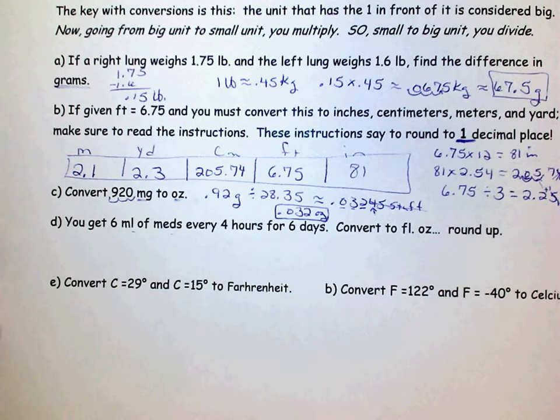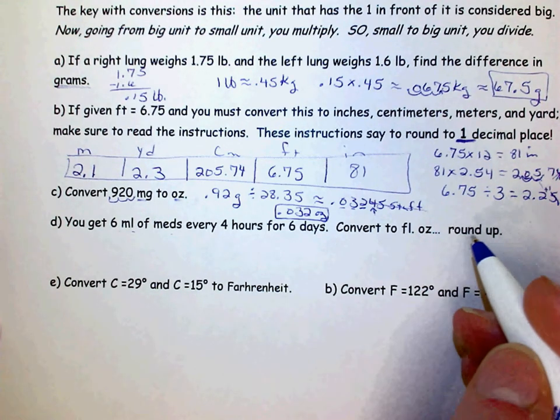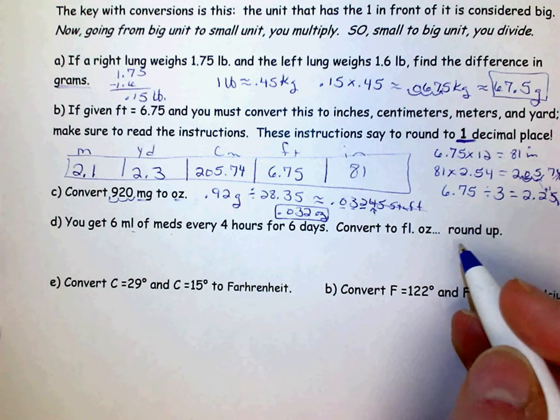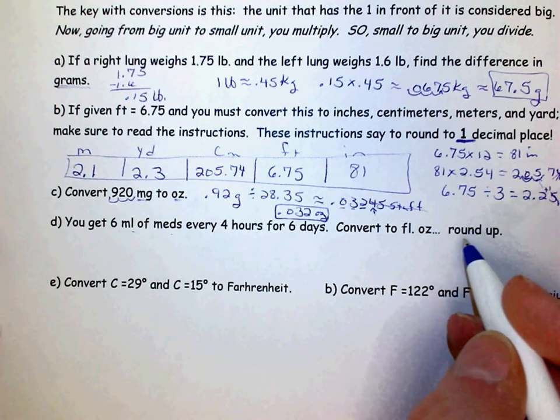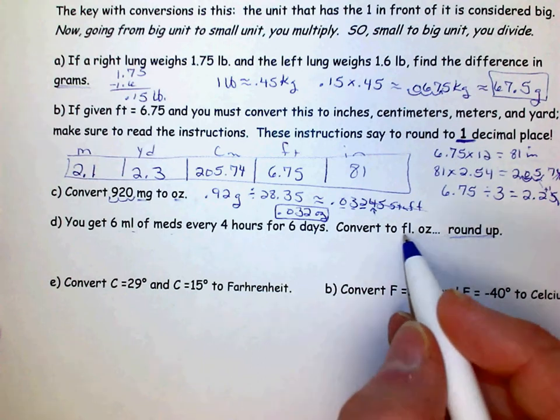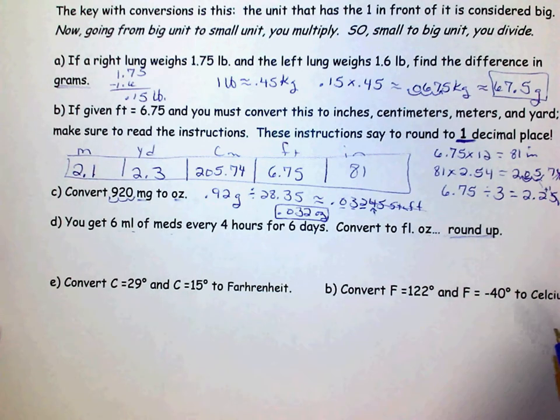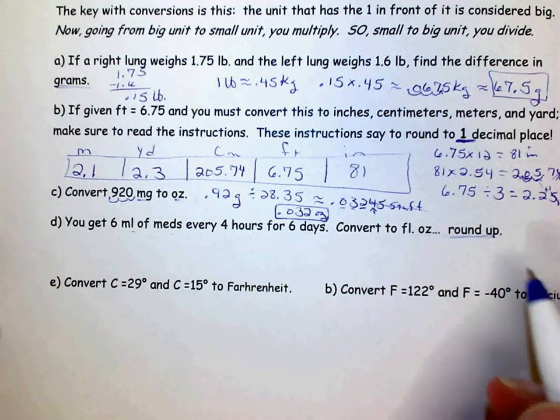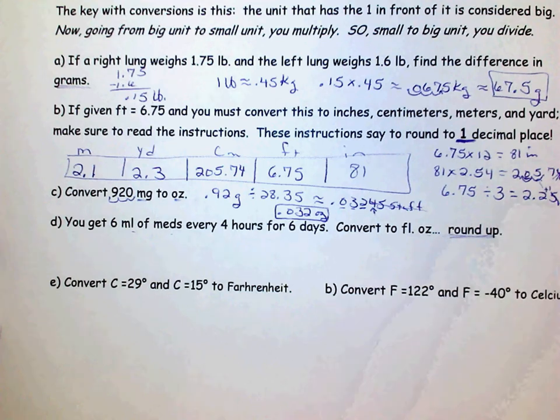No, because then part of your room is going to be left undone. So you have to round up to the next whole gallon, or at least the next half gallon. Well, it's just like this. With medication, you can't take less than you have to have. So you absolutely have to round this up to the nearest whole fluid ounce.